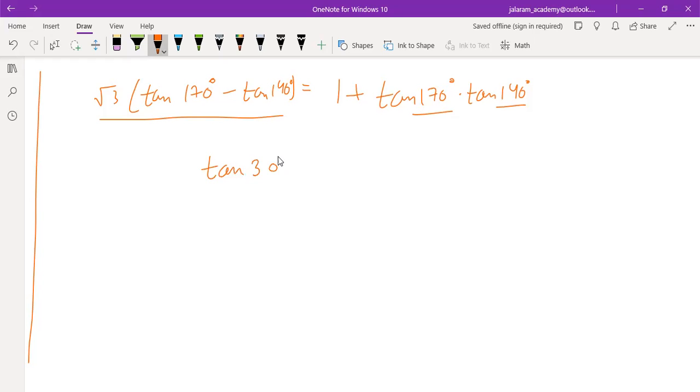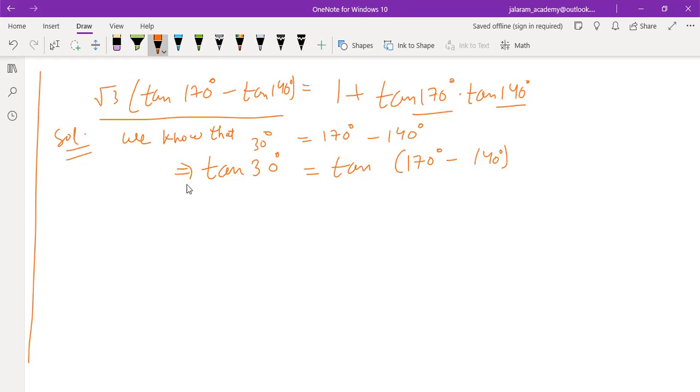So first we write tan 30 degree equals tan(170 degree minus 140 degree). We all know that 30 degree equals 170 degree minus 140 degree.